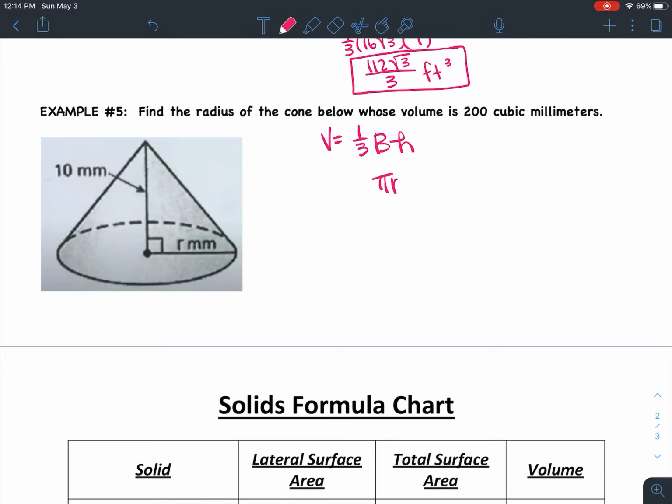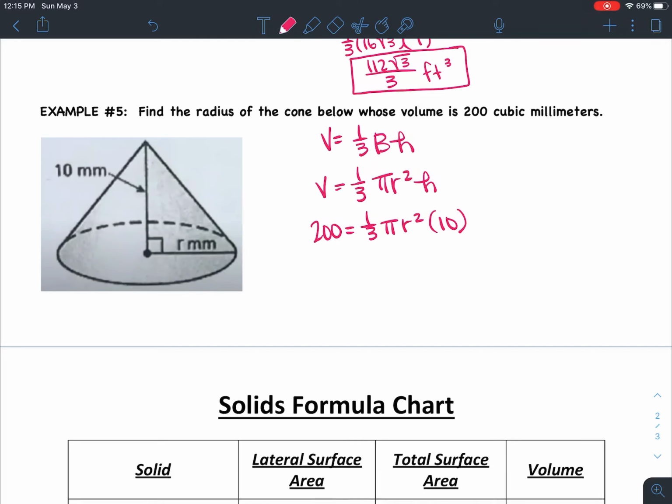In this case, my base is a circle, so it is pi r squared times the height times 1/3. And let's plug in what we know. So our volume is 200, 1/3 pi r squared, and it tells me that my height is 10. So let's break this all down and move it around.